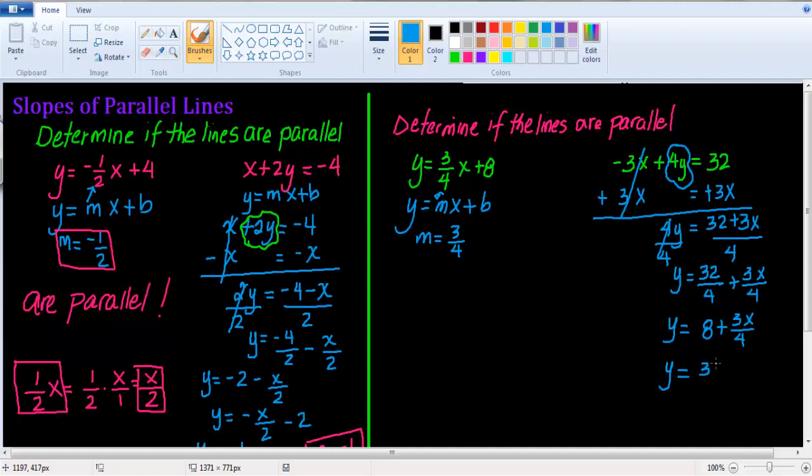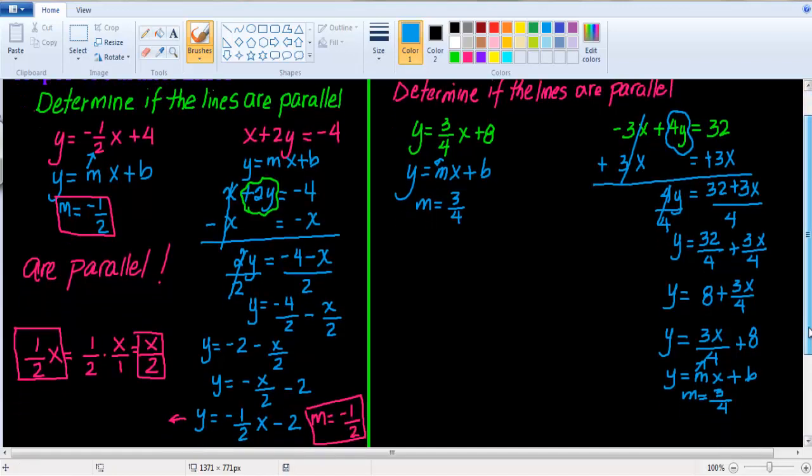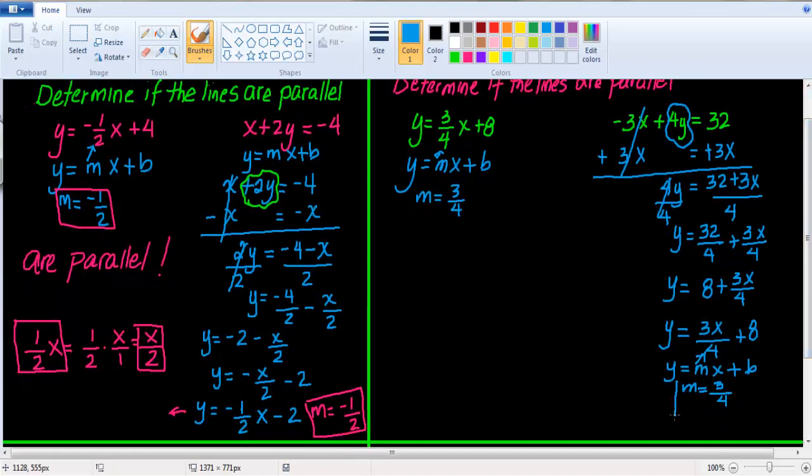So 3x over 4 plus 8. There you go. Now this is in slope-intercept form, right? And we can easily see that the slope for this line is 3 over 4. So the slopes are equal. That means that they are parallel lines. Okay?